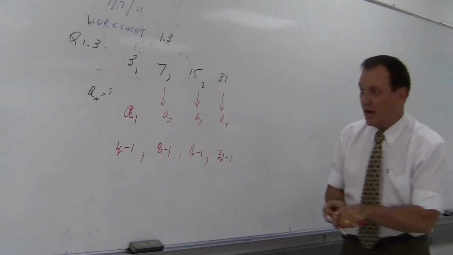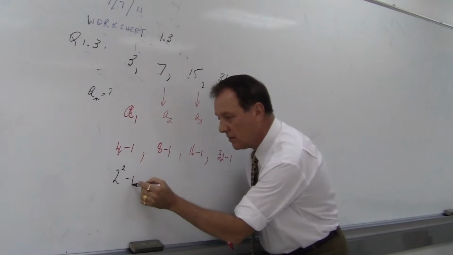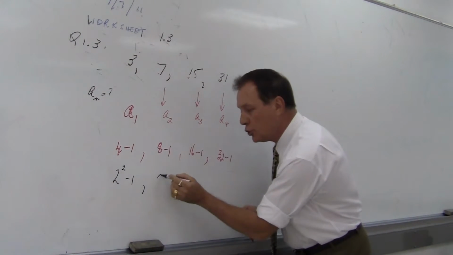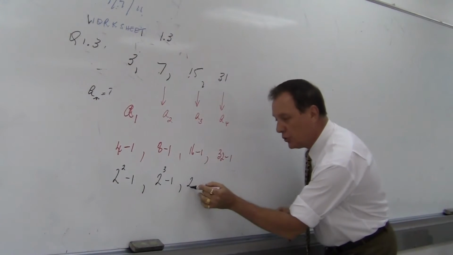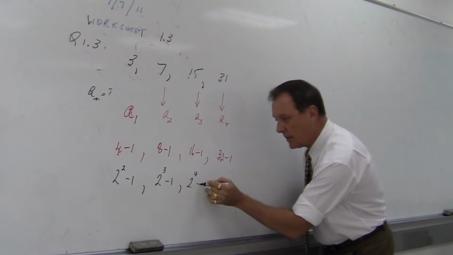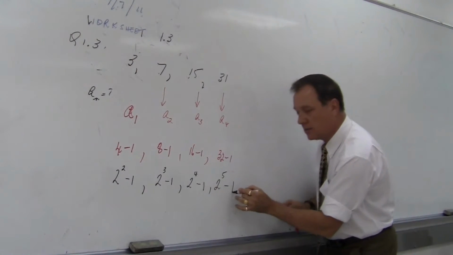So, I can now write this as 2 squared minus 1. This one as 2 cubed minus 1. This one as 2 to the 4th power minus 1. And this one, 2 to the 5th power minus 1.